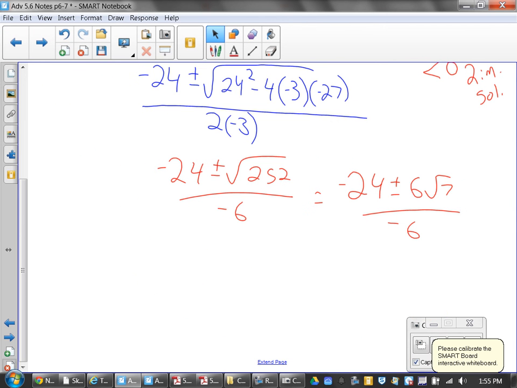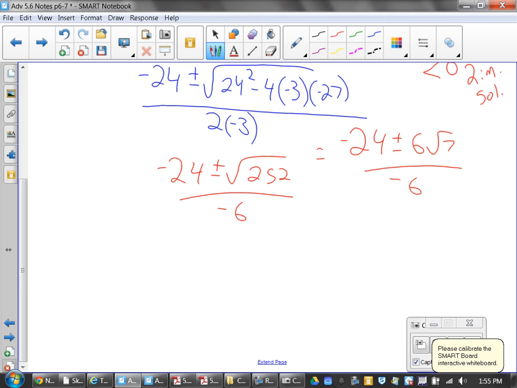When you simplify that out, it's over negative 6. So your answer winds up being 4 plus or minus root 7. Why? Because 24 divided by 6. This is where people take a second to wonder what happened to the plus minus.